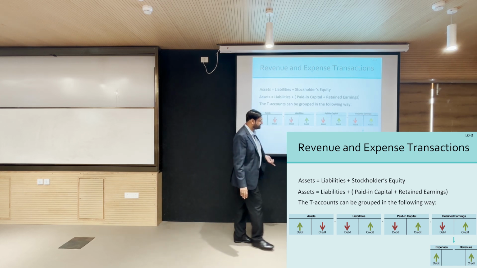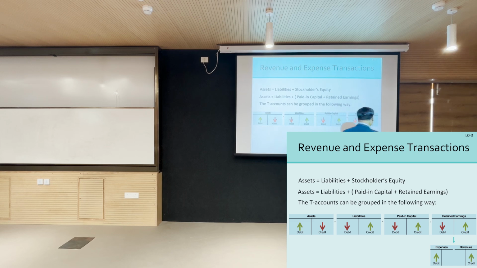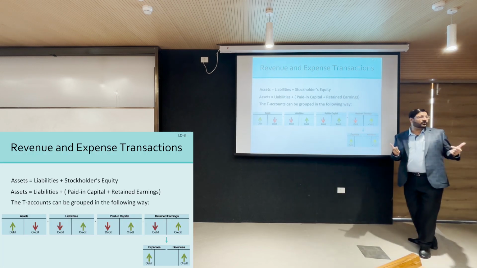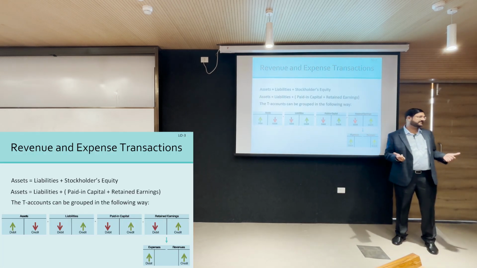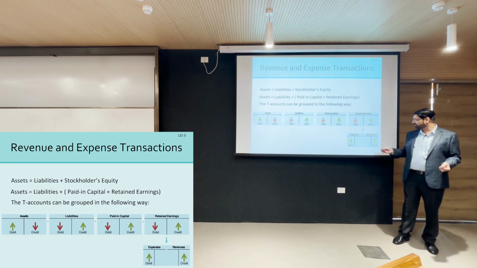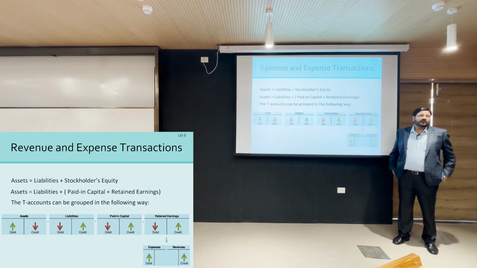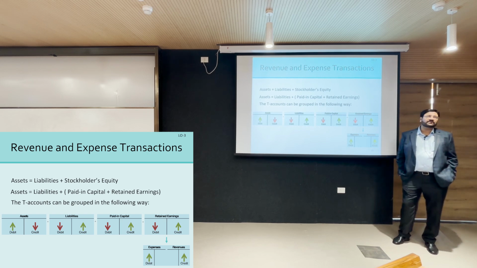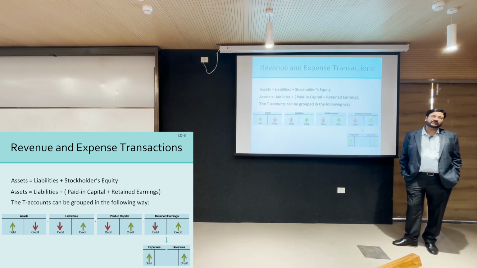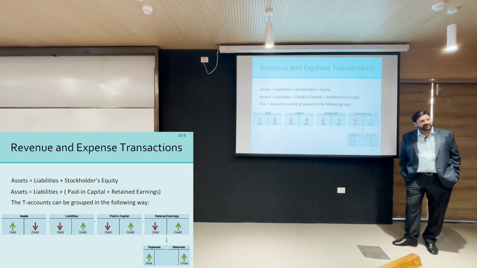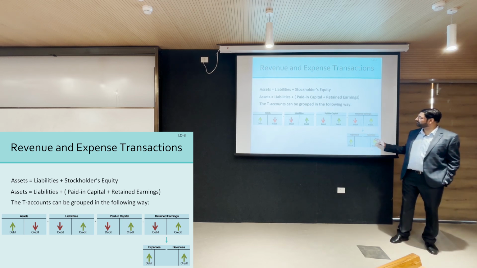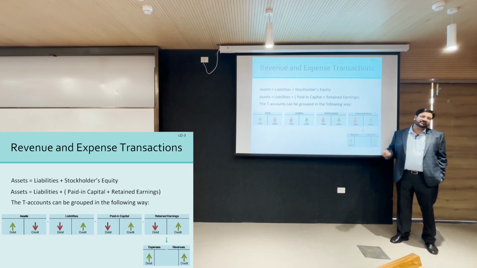And the only thing that we have to also consider is, under retained earnings we have both incomes and expenses. Under retained earnings we have both revenues and expenses, right? When you sell something, does it increase your retained earning or does it decrease your retained earning? It increases your retained earning. So, increase in revenue increases retained earnings, right?